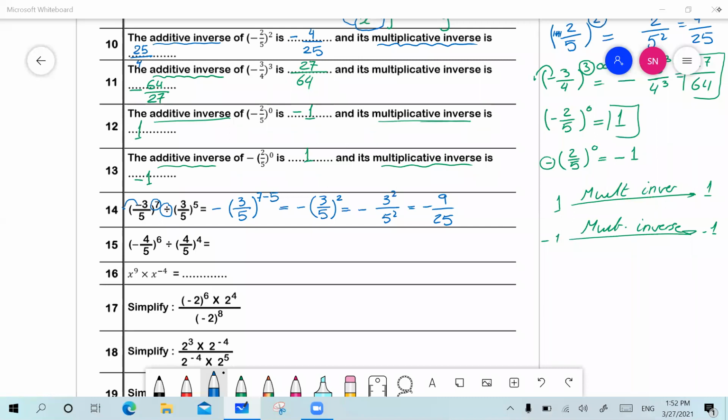Omar? We remove the negative in negative 4 over 5 because the 6 is an even number, so the negative isn't there. So I have a common base, 4 over 5 raised to the power of 6, and then we multiply, flip, 5 over 4 to the power of 4.